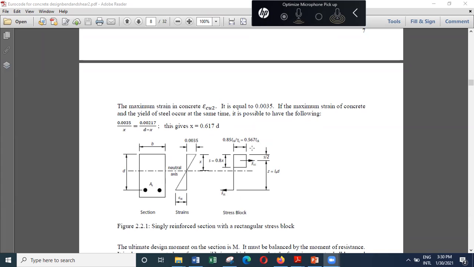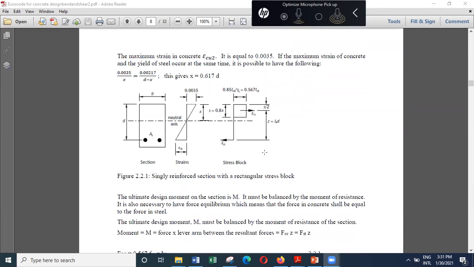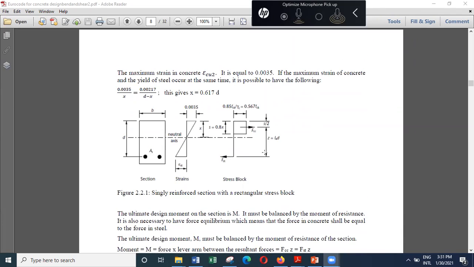If you multiply it by the breadth of the beam and the depth of this, then you can find the magnitude of this force. So FCC is equal to 0.567 FCK multiplied by the breadth of the section multiplied by S, or 0.8 times x. So that is one equation.